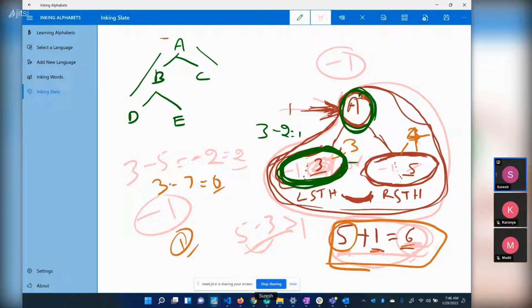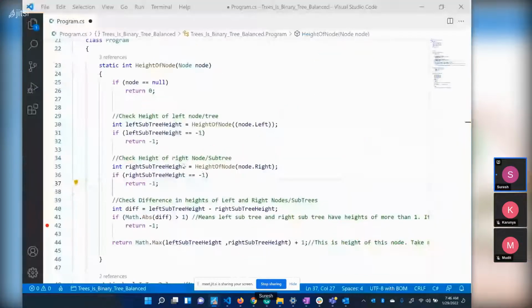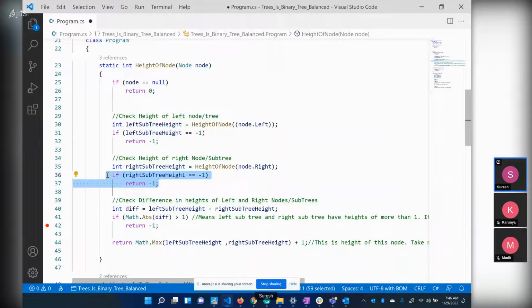If this is not balanced, you no need to calculate the height of the right subtree. What is the point of doing it? You already know the left subtree is imbalanced. So simply we are returning minus 1 here. Similarly, if the right subtree is also the same thing.